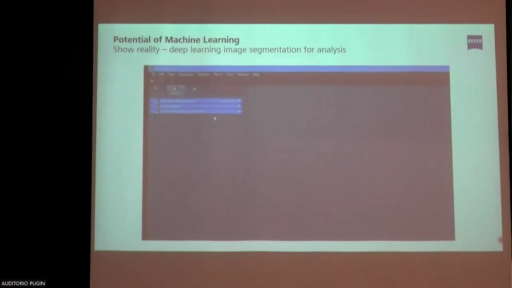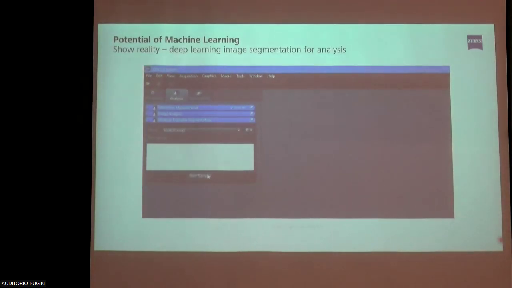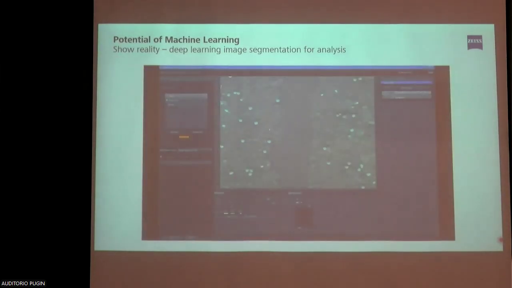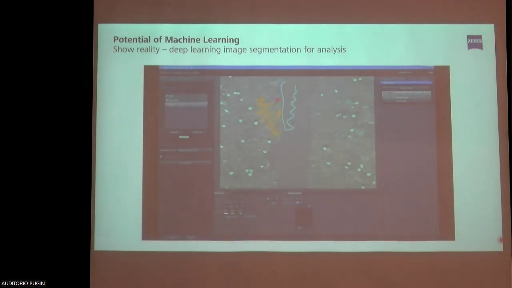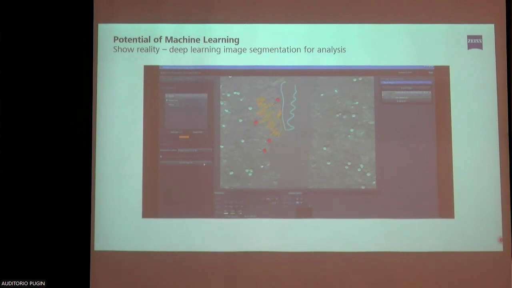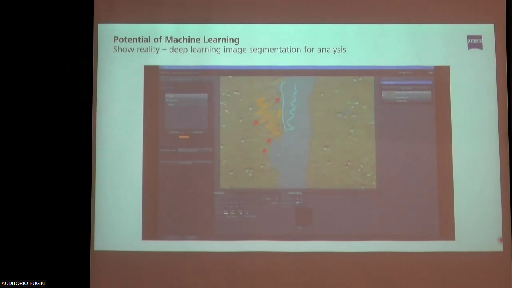Then we have something else. We also have machine learning for image analysis. We call this product Intellisys. That's just our name for it. It works in quite an easy way if you want to segment different groups of objects, like background, mitotic cells, or just cells that are normally in the cell culture.